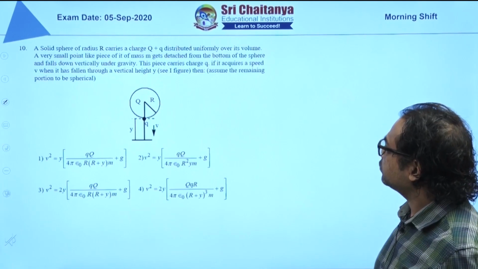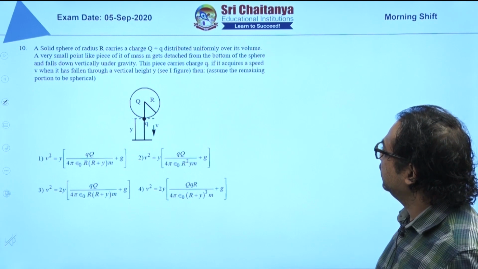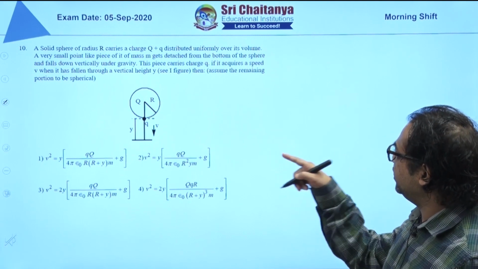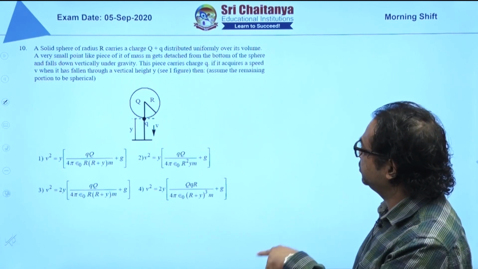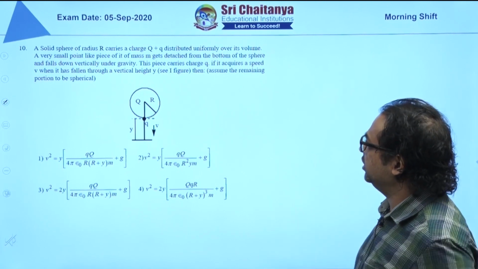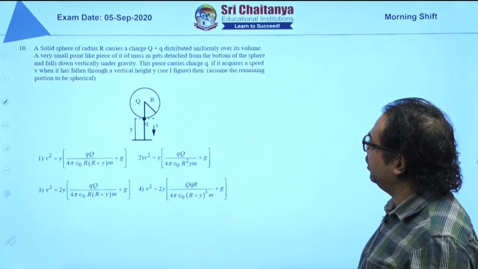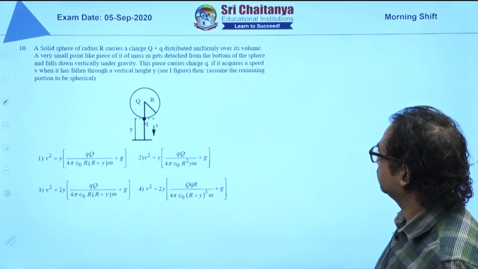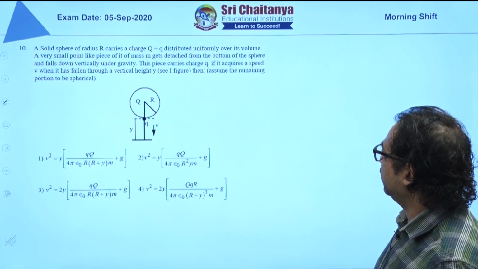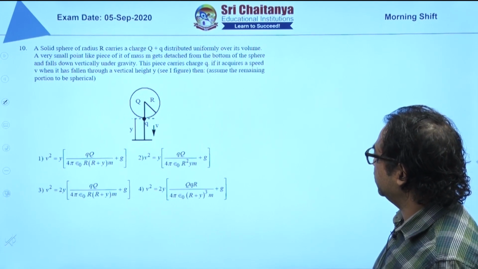Now you can see a solid sphere of radius r carries charge capital Q plus some small q. It is uniformly distributed. A small point mass gets detached from the bottom and it is falling under gravity, so it is having a charge plus q.